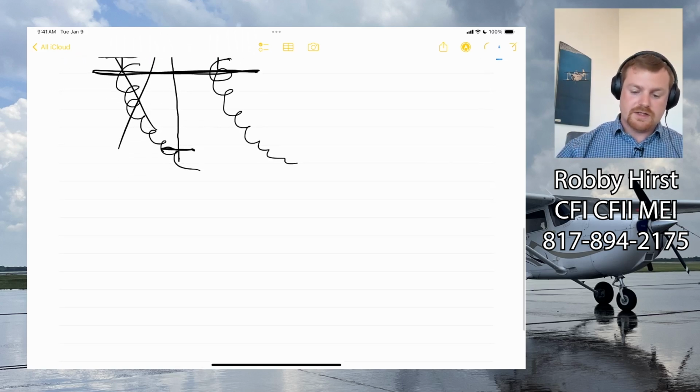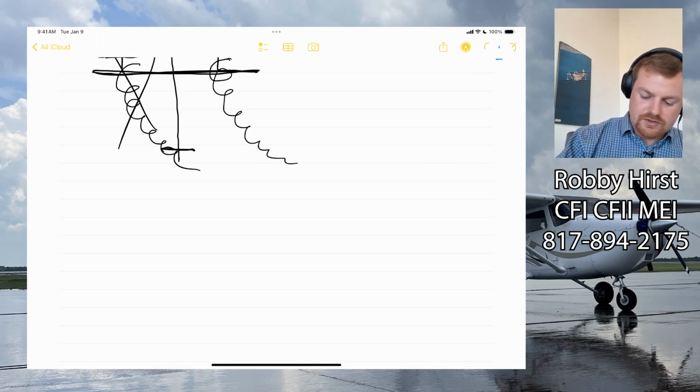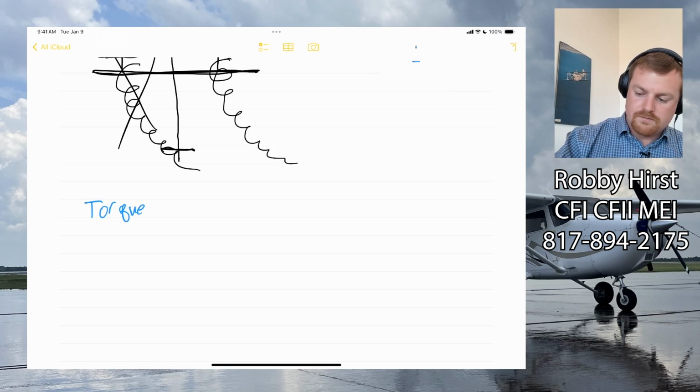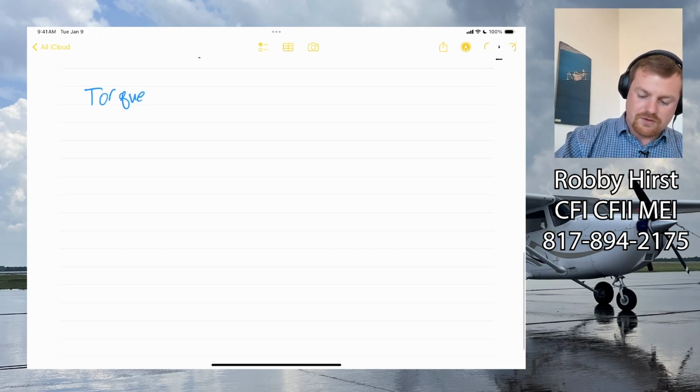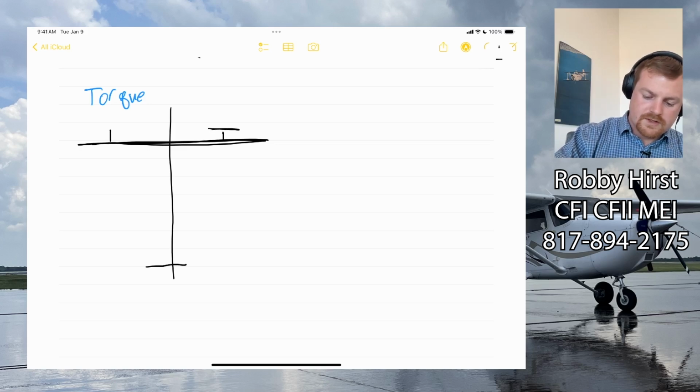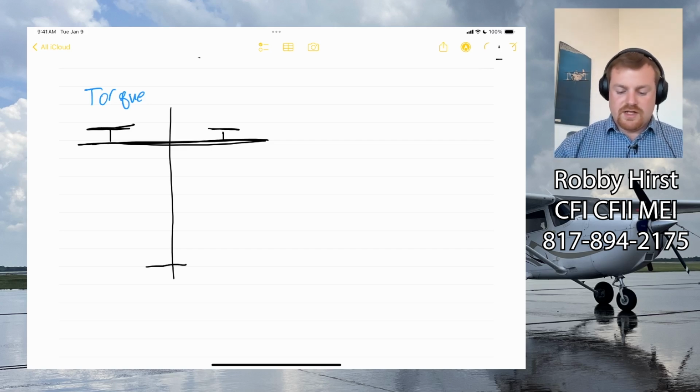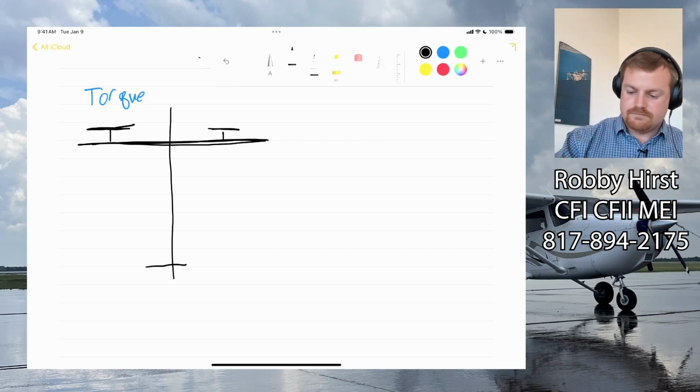And last, we've got torque. So again, we're going to draw our little airplane. Okay, so this actually, disregard that airplane. We're going to redraw that airplane.